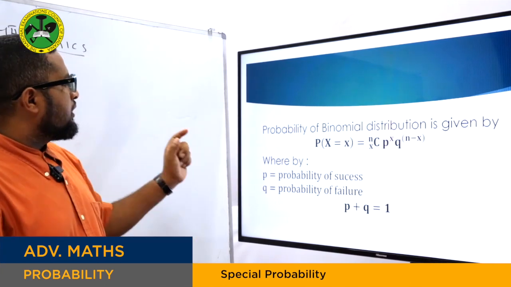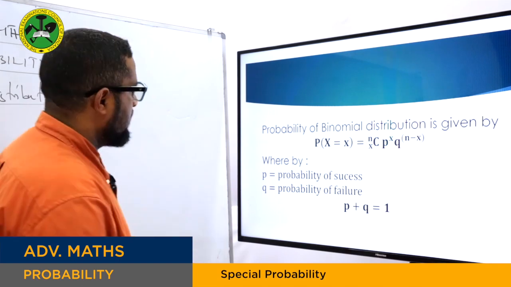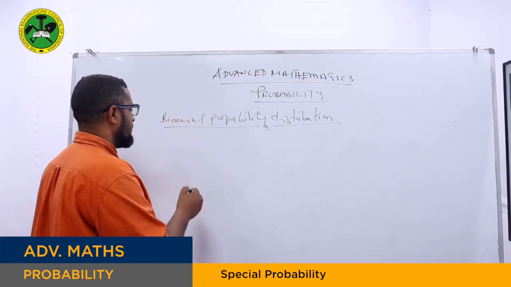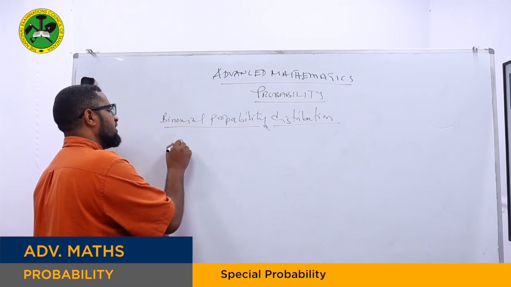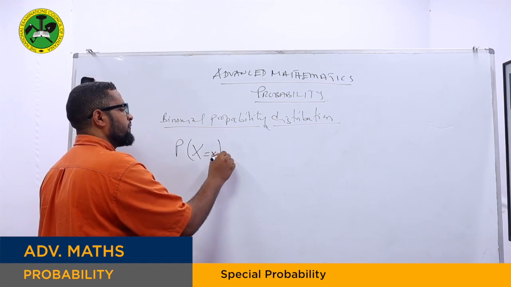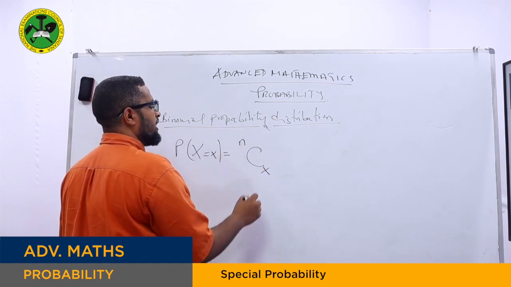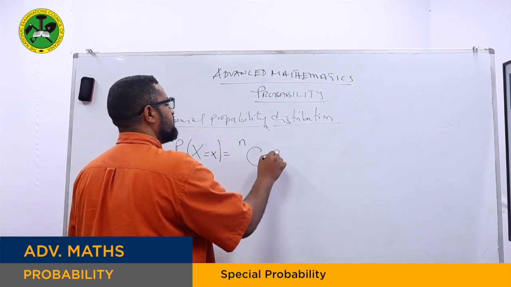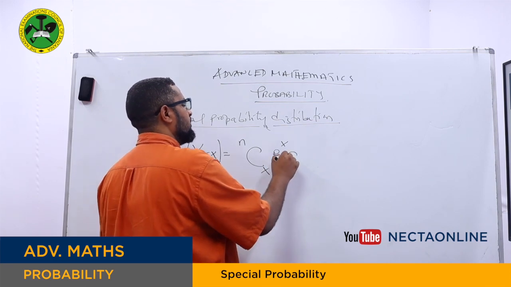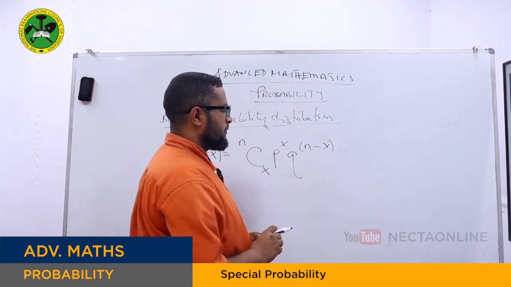The probability of binomial distribution is given by a formula. That formula is written as probability of x, given variable x, equals nCx, then p to the power of x, q to the power of n minus x.